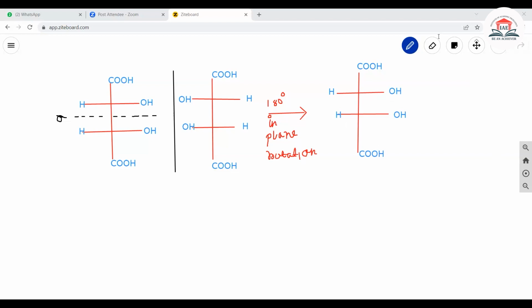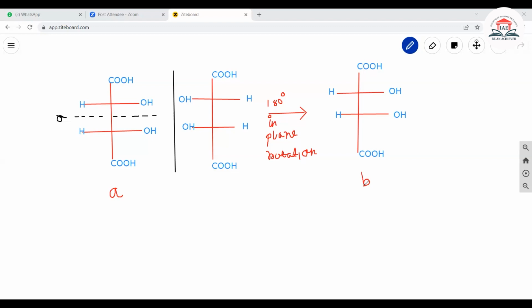Hello. So tell me, this molecule and this one, A and B, are these two superimposable or not? Yes, sir. Superimposable. You can take A and place on B. It will superimpose on each other perfectly. So that means it is optically inactive.